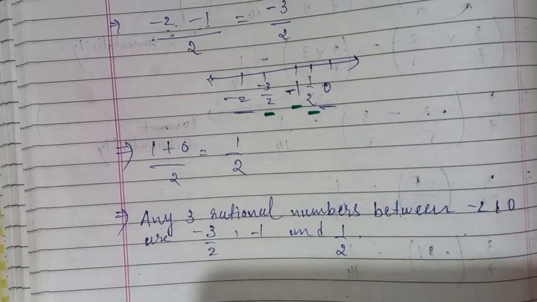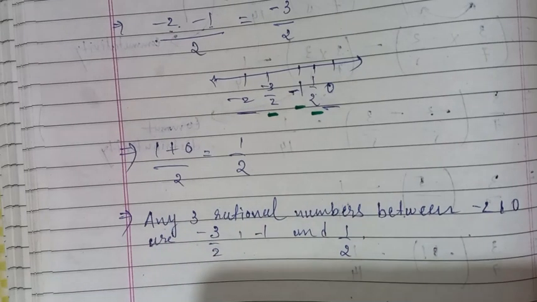And in any question you are not told to use this process or that process, that by taking the mean you should find three rational numbers between any two rational numbers. You will only be asked to find a rational number between these two.